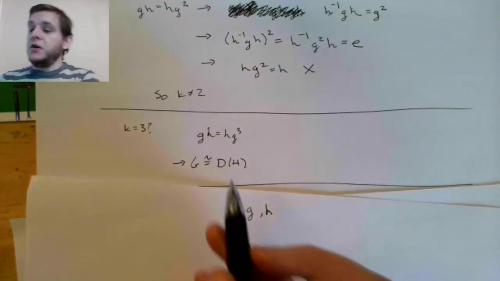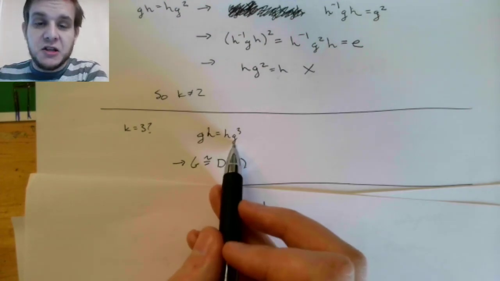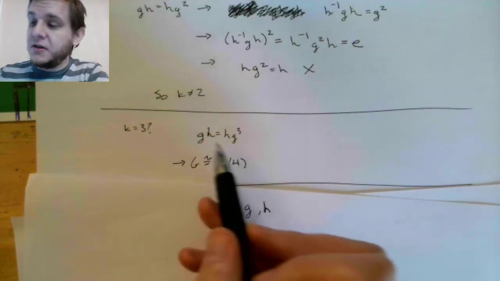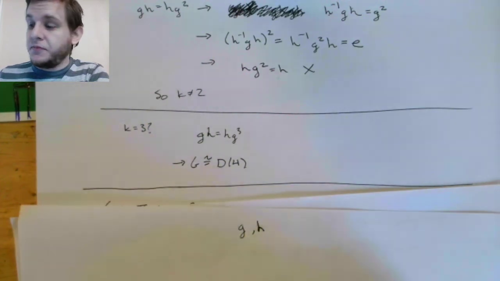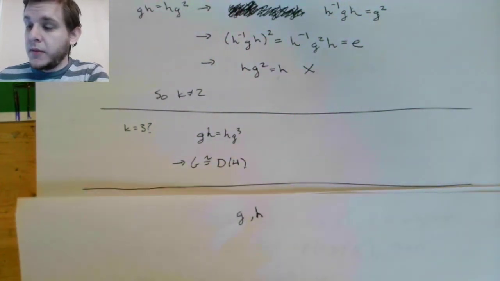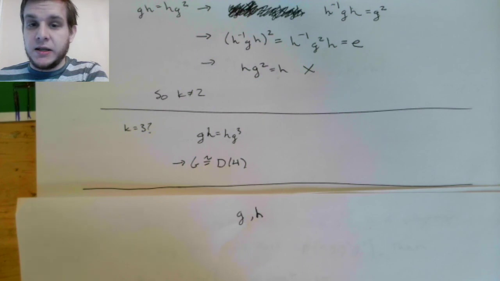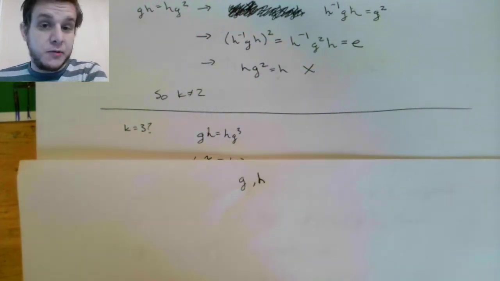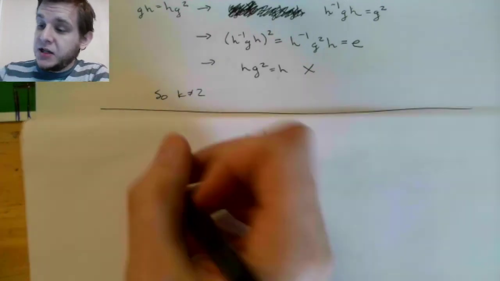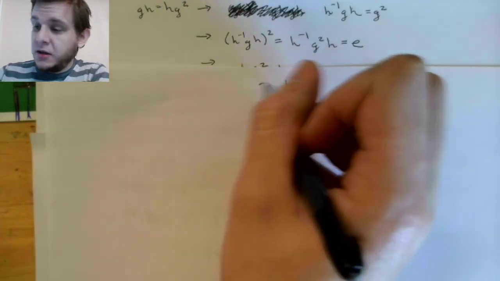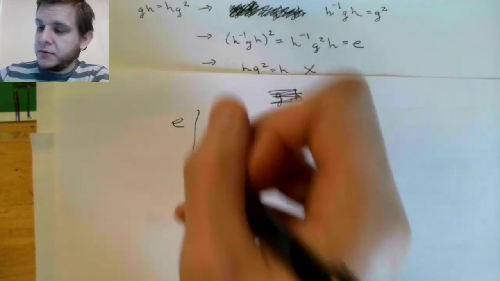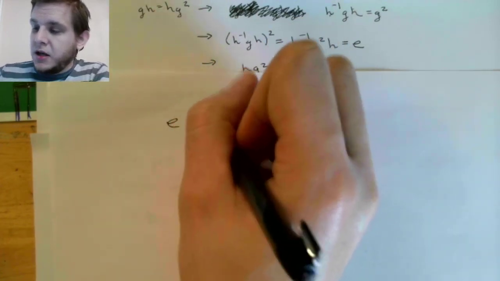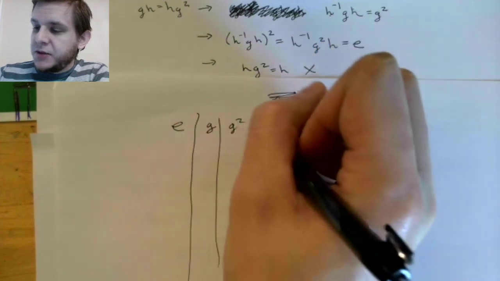And in fact, you can reconstruct the entire multiplication table just from this relation, that H squared is equal to the identity, and that G to the fourth is equal to the identity. So let's just do a bit of it. Maybe we'll do the whole thing, I don't know. The problem is that the multiplication table is going to be huge, right?